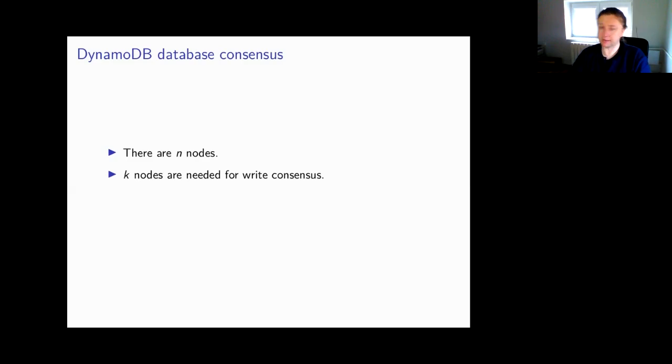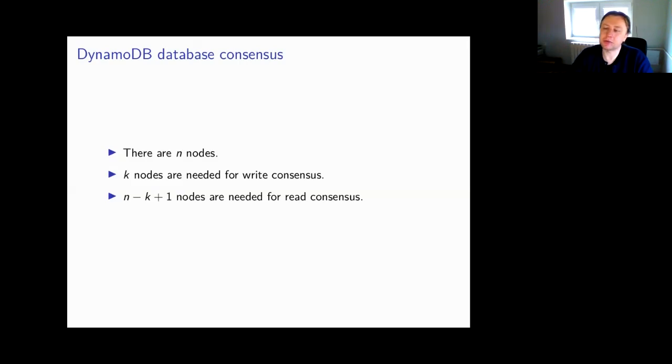For simplicity, we send the write request in our test to all n nodes to guarantee that we get the answer as soon as possible. And then the guarantee is that if we perform the same thing for the read for n minus k plus 1 nodes, and we get the same answer, then we know that there is read consensus.